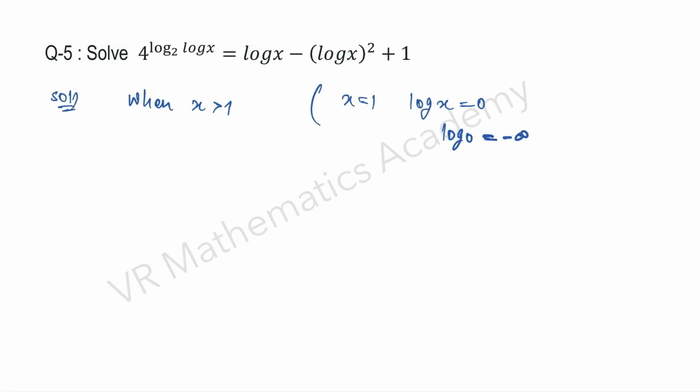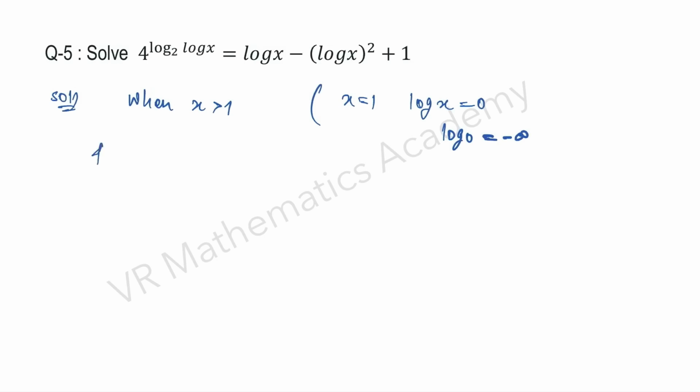And also when we take x equals 1, it will not satisfy the system. That's why we are taking x greater than 1. Because 4 raised to the power minus infinity will also become 0, and 0 will be equal to 1, which is totally meaningless. So we are taking x greater than 1 to make it meaningful.